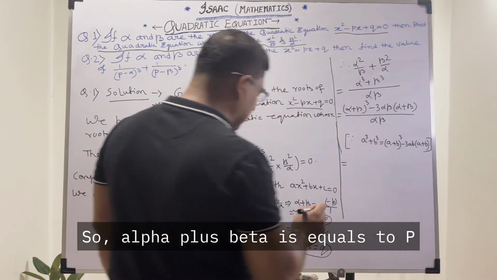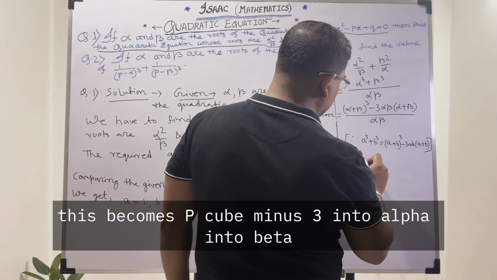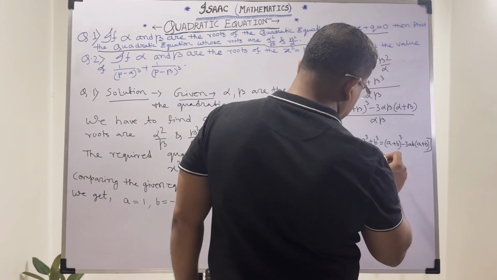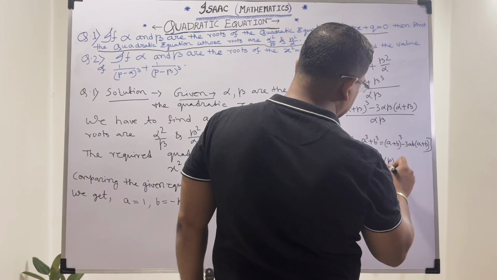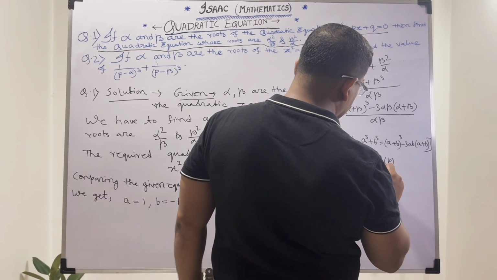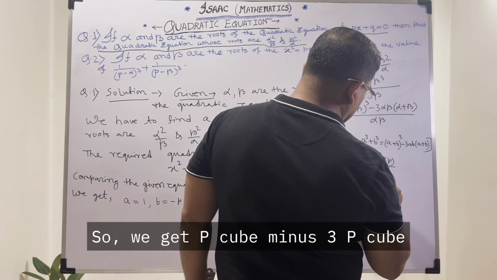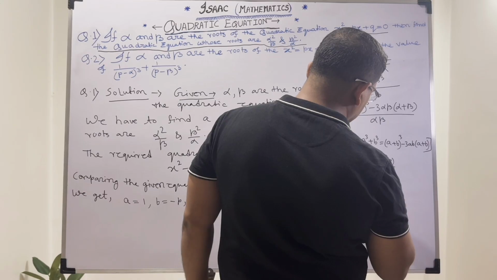So alpha plus beta is equal to p. This becomes p cube minus 3 into alpha beta, which is q, and alpha plus beta is p. So we get (p cube minus 3pq) whole divided by q.